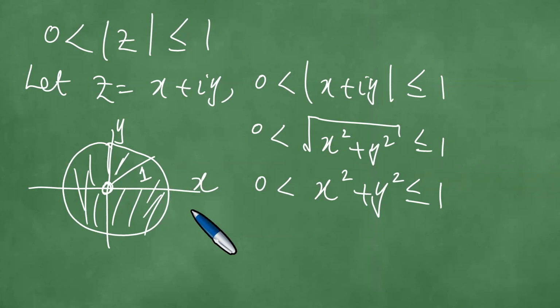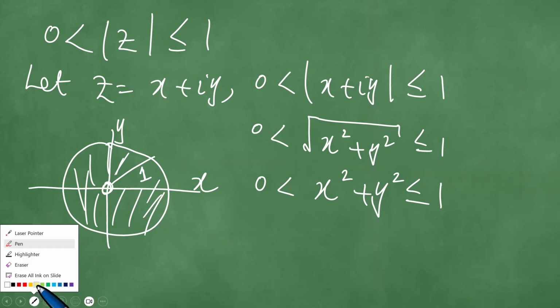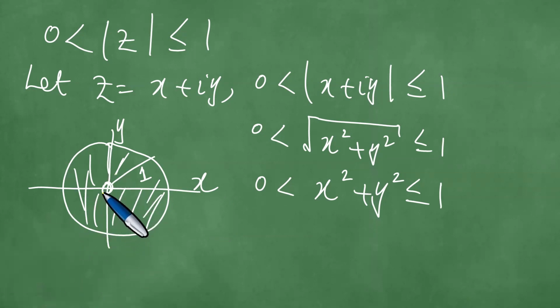And this is the punctured disk. Why is it punctured? It is like a disk, and it has a little hole in the middle. Why is that the hole? Because any sum of the squares of the points x and y here will actually be greater than 0, so it cannot be 0.